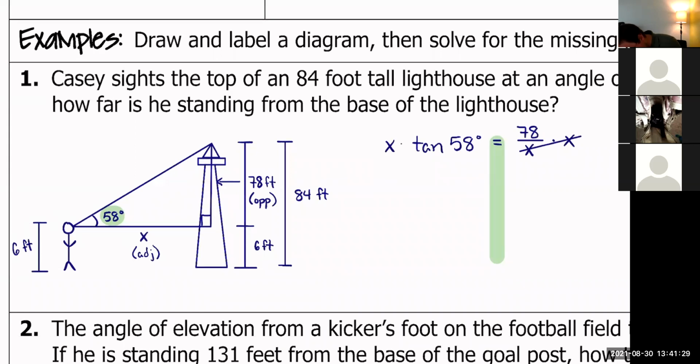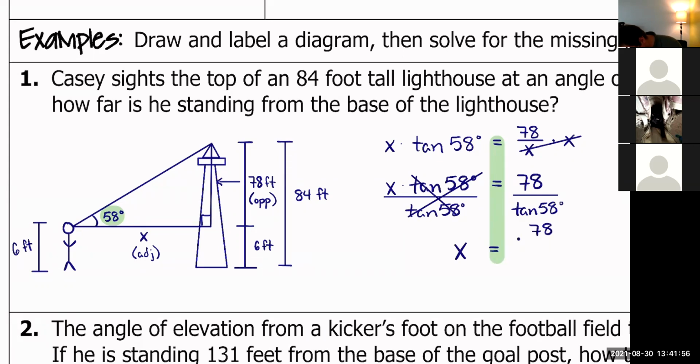Multiply both sides by X. And then to get that X completely by itself, I'm going to divide both sides by the tangent of 58 degrees. And I get that X equals 78 divided by the tangent of 58 degrees.